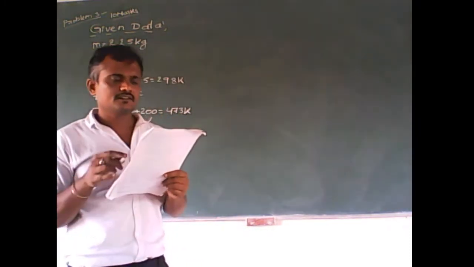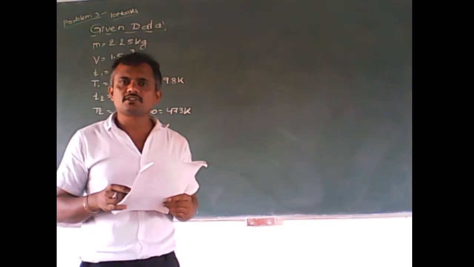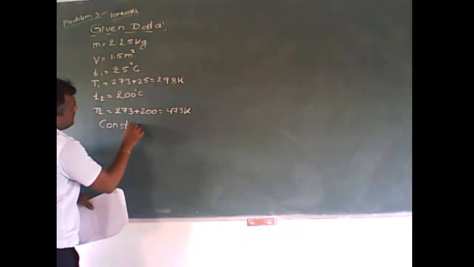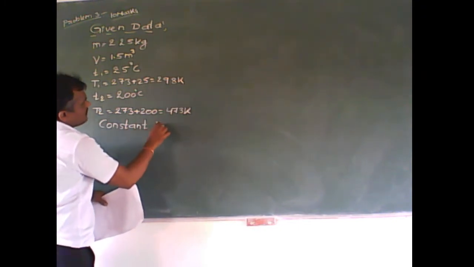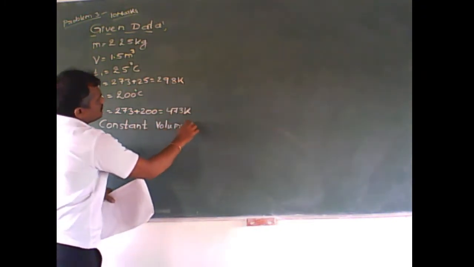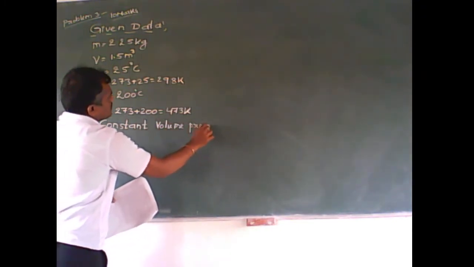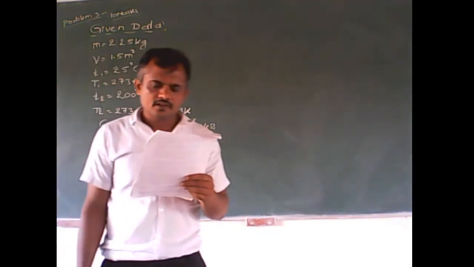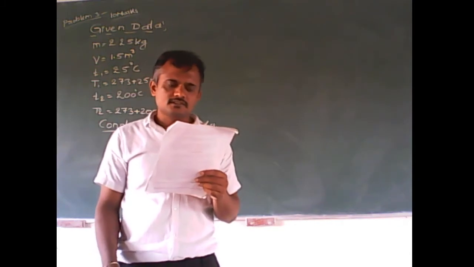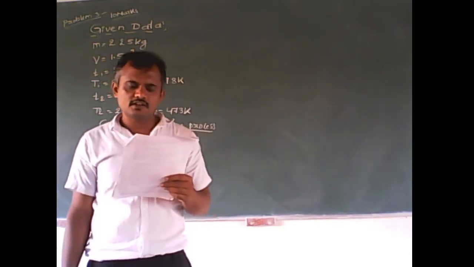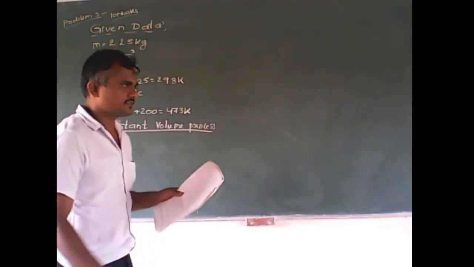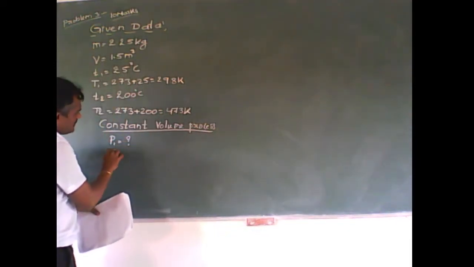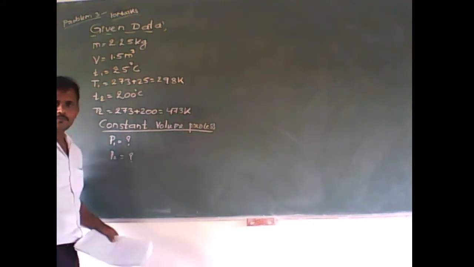And he says the heating process is taking place at a constant volume process. Okay, and he has asked us to calculate the initial and final pressures of the gas. Initial pressure means P1 and final pressure is P2.